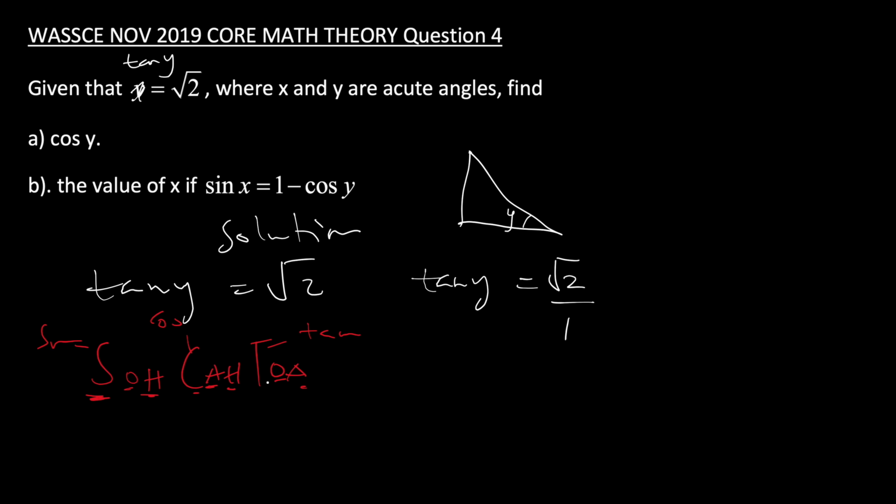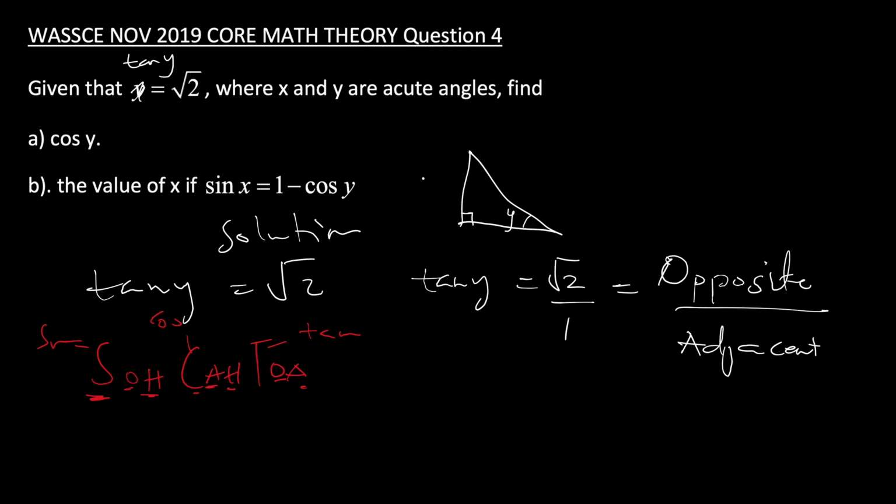Now we know that tan is equal to opposite over adjacent. So in this case, the opposite is this, which is our root 2, and the adjacent is this line, which is our 1.